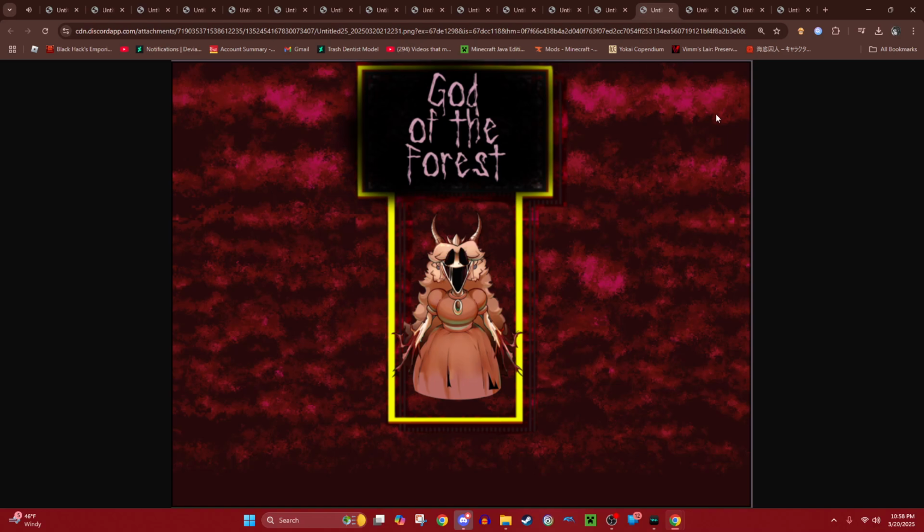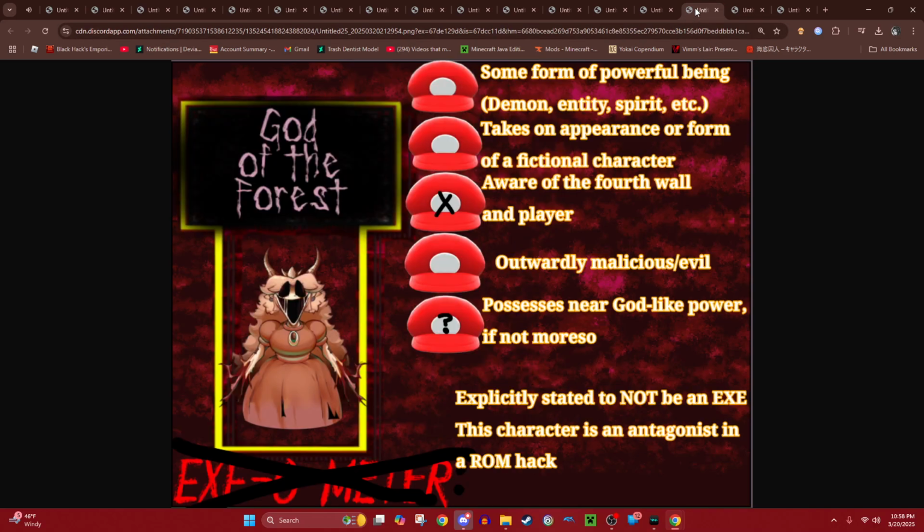But I used them in this with what we do know. First hat. Are they some form of powerful being, demon, entity, spirit, etc.? Yes. We don't know what exactly they are, but we do know that they are some form of powerful being.